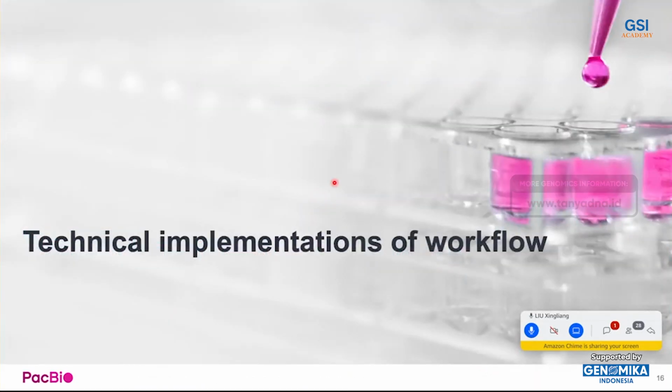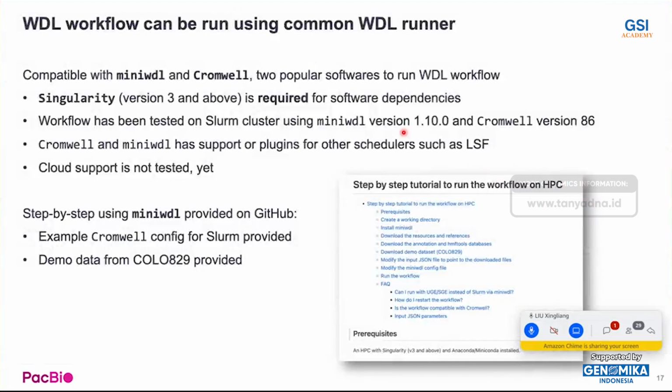Okay, so next I will quickly go through some technical implementation details of this workflow. First of all, this workflow is written in WDL, one of the common workflow languages. Since it's written in WDL, it can be executed using two popular WDL engines, one is MiniWDL, the other one is Cromwell.